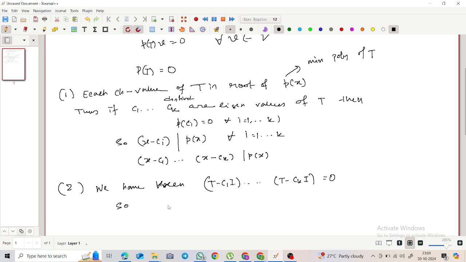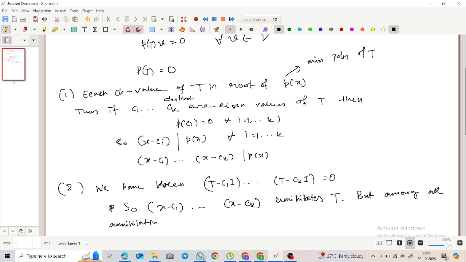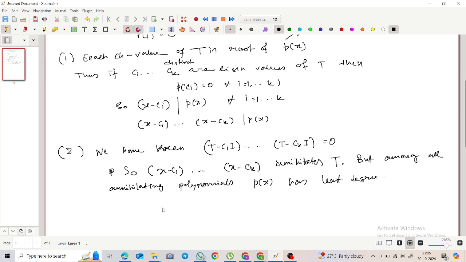So this annihilates T, but among all annihilating polynomials, P(x) has least degree, right? So P(x) is equal to this, okay?